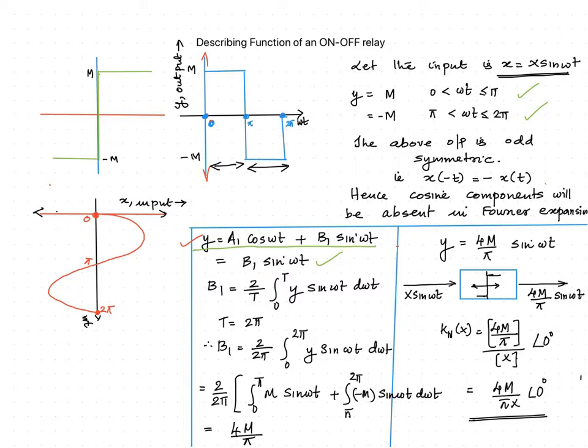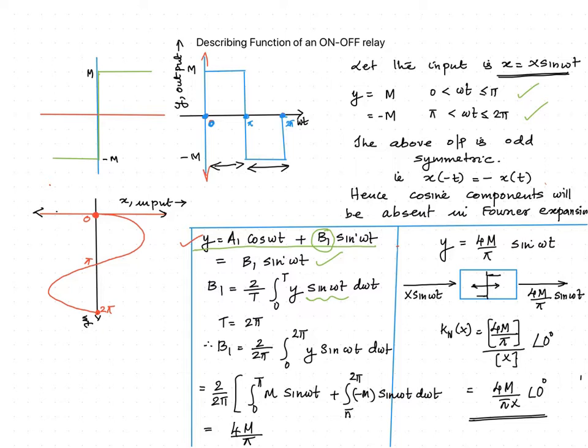We can easily find the coefficient b1 by using the equation 2 by T integral 0 to T y sin omega t d omega t. Since b1 is the coefficient of the sine function, here we use sin omega t. And the period of the signal can be considered to be 2 pi.